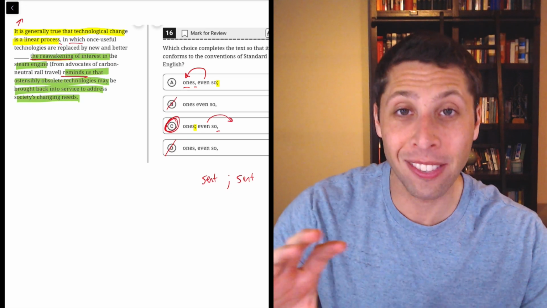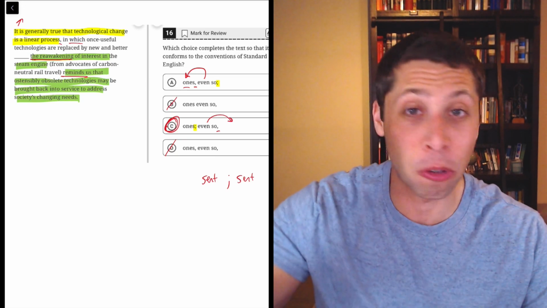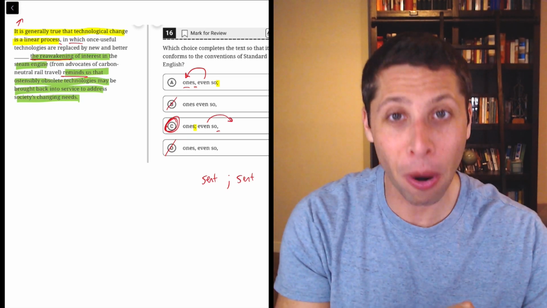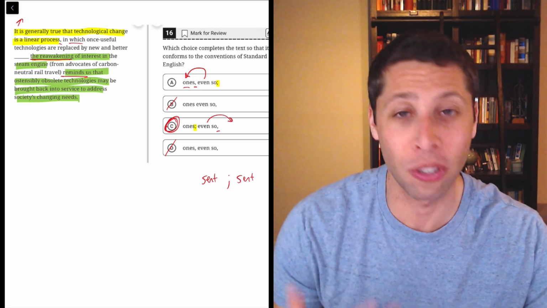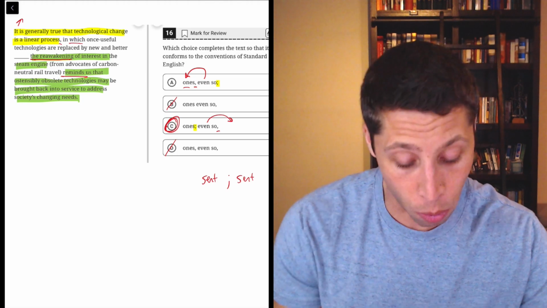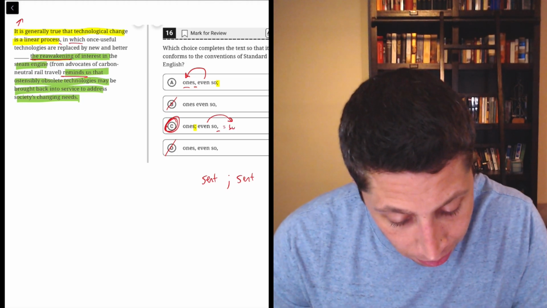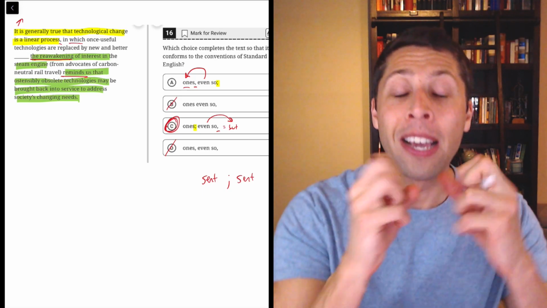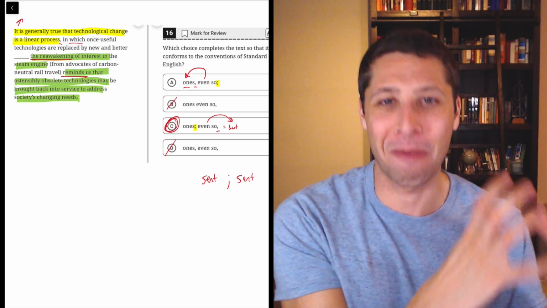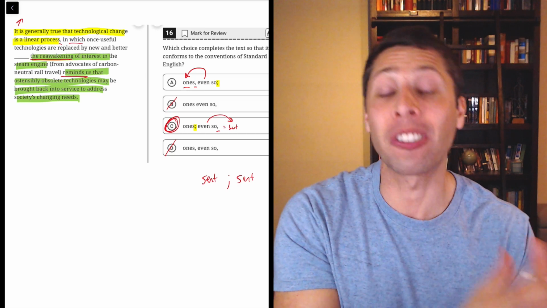So yes, the beginning part is saying that the old stuff is replaced by new stuff, but then that second part is contrasting with that and saying that the old stuff is still important, still interesting in some way. And so even so, which means but, is a perfect way to show that contrast, and it needs to be attached to the second sentence here so that we can make sure it's contrasting with the first.